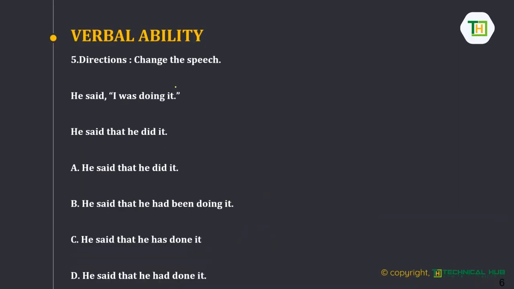Verbal ability. Change the speech. He said, "I was doing it." So what was he doing? Let us see. You observe this is the past continuous form. What happens when you want to change this?